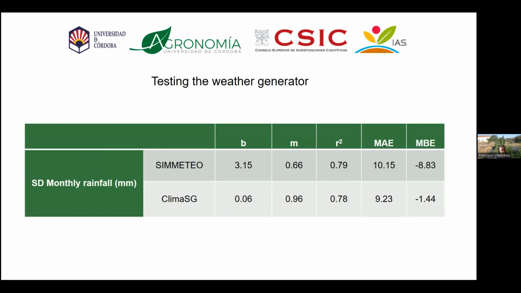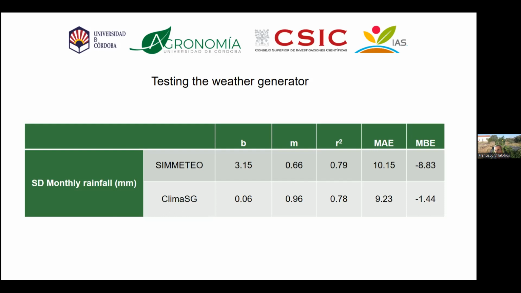But the most important thing is the over-dispersion problem. Here we have the evaluation of the standard deviation of monthly rainfall, comparing SIMMETEO, which has an intercept of 3.1, a slope of 0.66, and a mean bias error of minus 8.8.